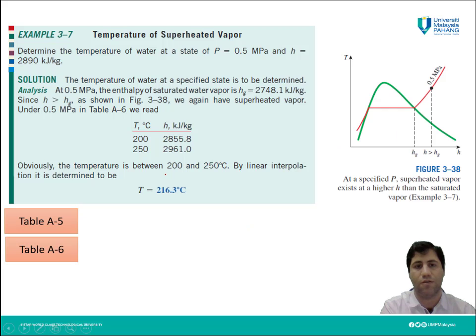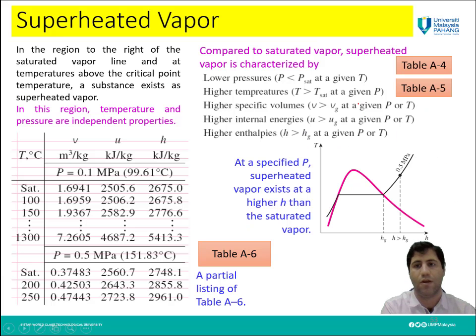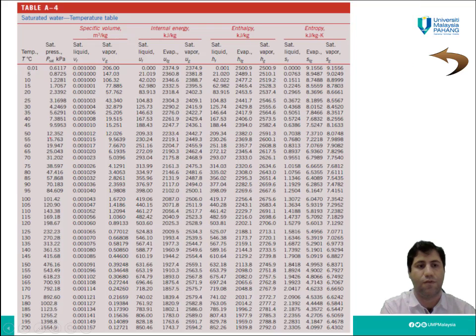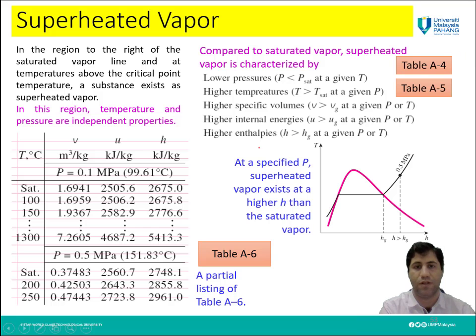Let me see if I can find table A4. Yes, here, table A4. So here you can see temperature 80 degrees Celsius. Let me just find Uf for saturated liquid. You can see here. Simply, we can come to this table and find the energy for saturated liquid at the temperature which is given in the question.